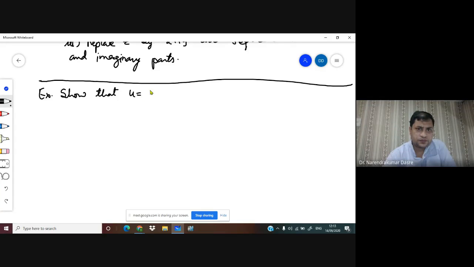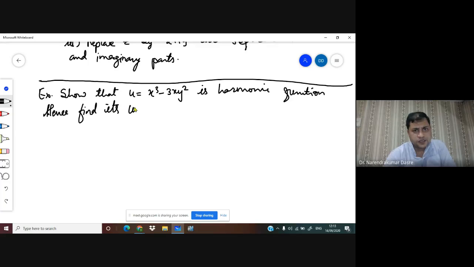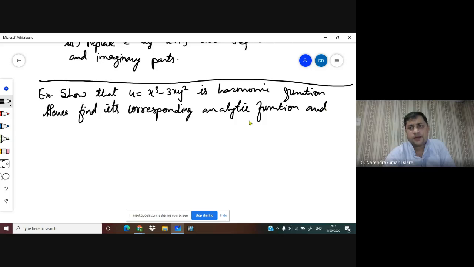u is equal to x cube minus 3xy square is a harmonic function. Hence, find its corresponding analytic function and harmonic conjugate.